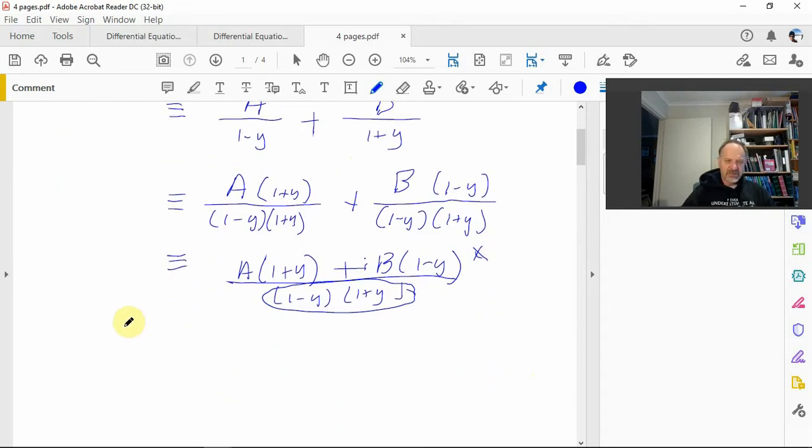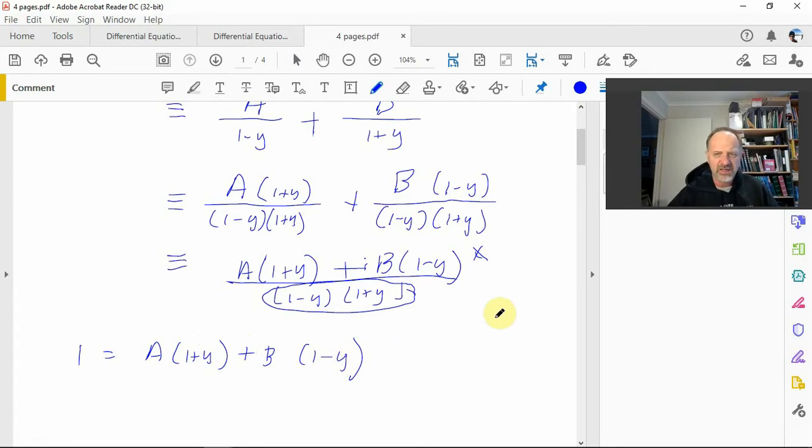So if our numerators must be the same, then 1 must be the same as a times 1 plus y plus b times 1 minus y. All right, so there's a couple of different ways we can go about it. We could expand, collect like terms, come up with simultaneous equations. Or we can have a look at these brackets that are here. And we can say to ourselves, okay, this one here, if y was minus 1, then you'd have 1 plus negative 1, which would be 0.